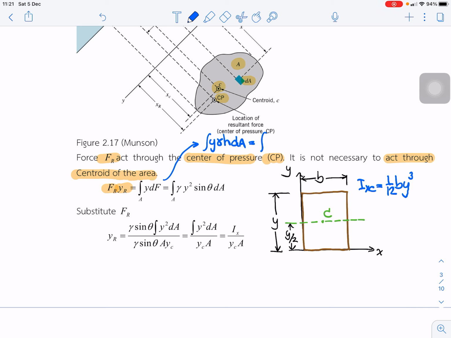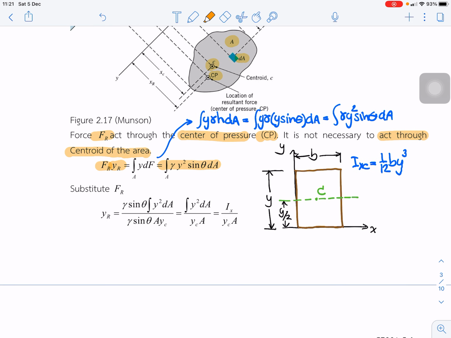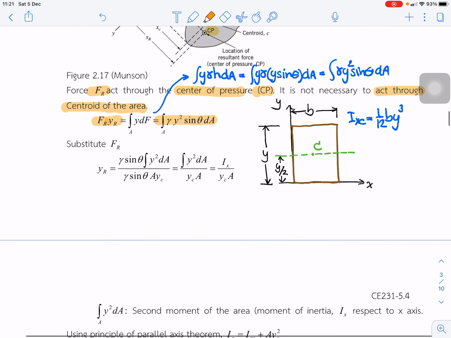Substituting h in this equation, we get y gamma y sine theta dA, and finally gamma sine theta times the integral of y squared dA. Substituting FR in this equation, we can estimate YR.